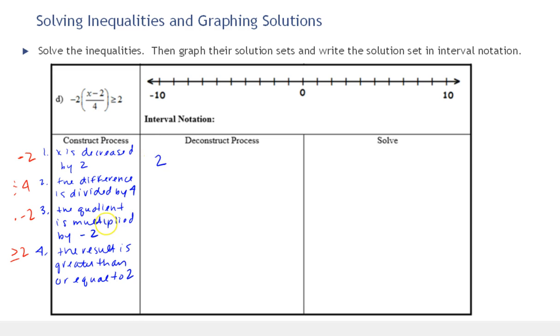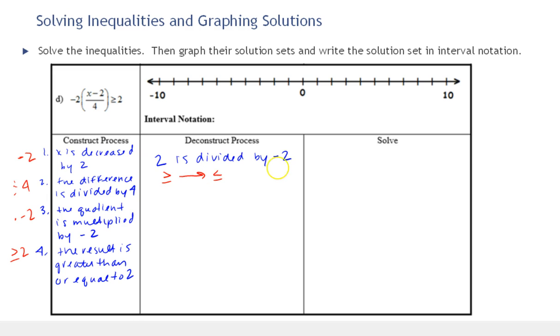Instead of multiplied by -2, it's divided by -2. 2 is divided by -2. And now we're going to make our note here. We just divided by a negative, so we're switching from greater than or equal to, to less than or equal to. Okay.